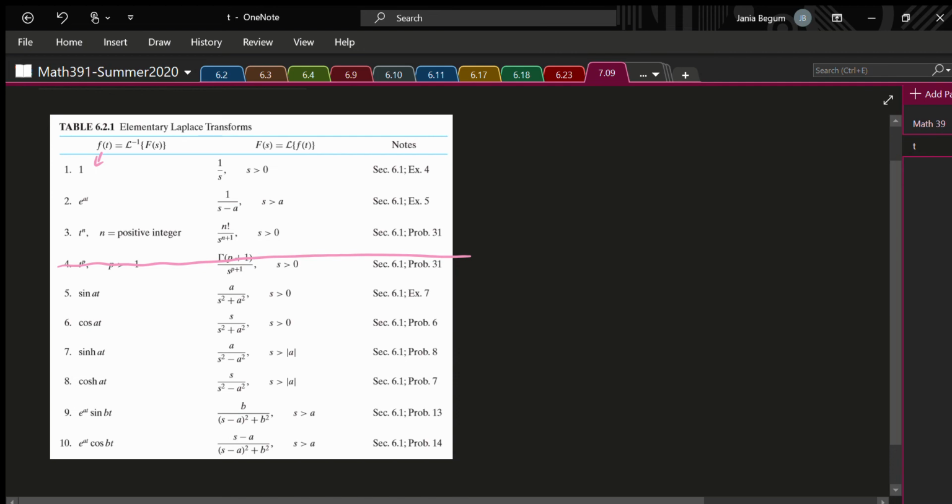Your task is to show that if you use the definition and integrate, you get this formula. For this one, I showed it to you. The second one, I also showed it to you. The third one, yes, you can try that. A little tricky. The hint for number 3 is to use power series.